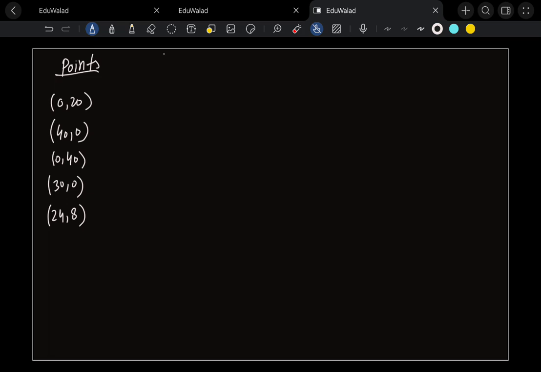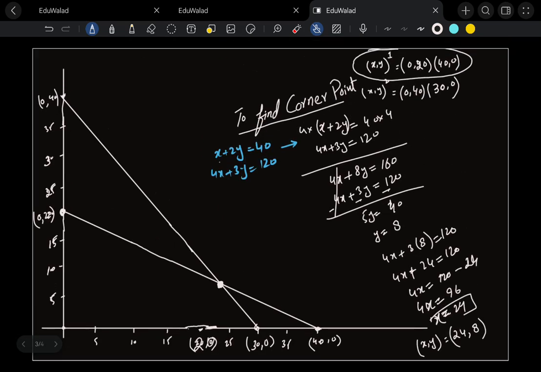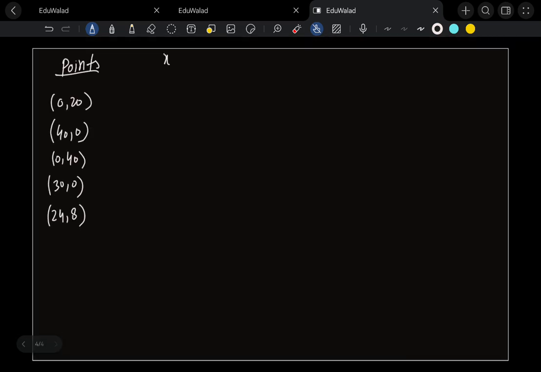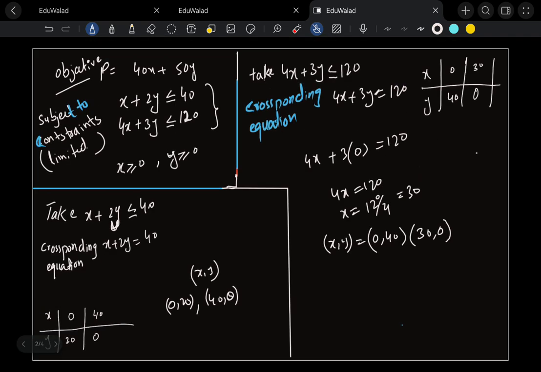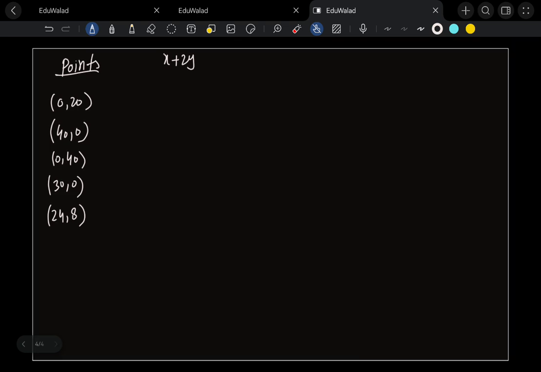Constraints, we will write the constraints here. x plus 2y is less than or equal to 40, 4x plus 3y is less than or equal to 120. Now keep in mind that to get a feasible solution, the point must satisfy both the inequalities.